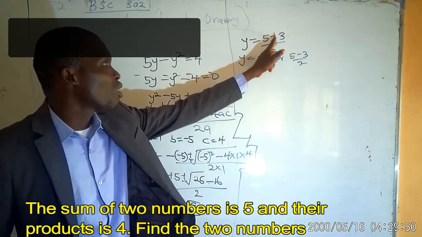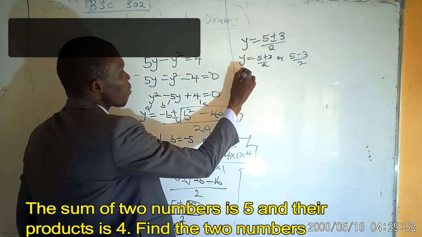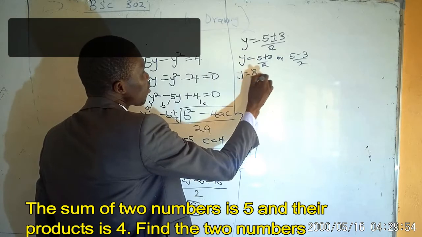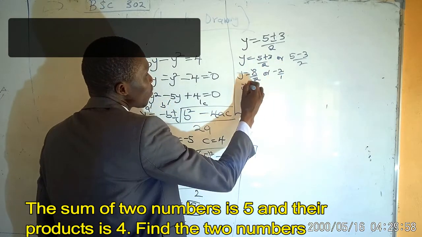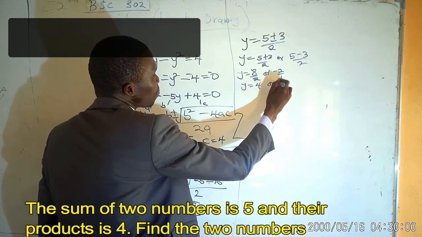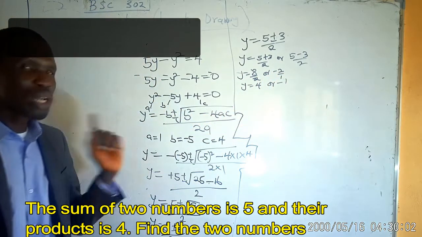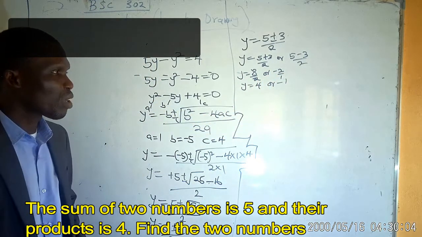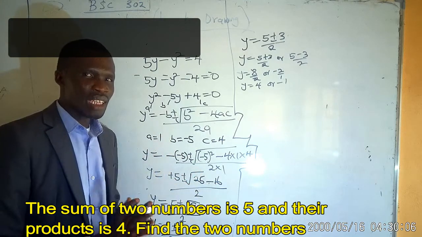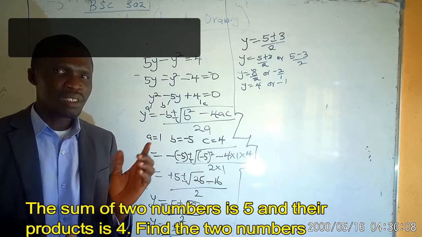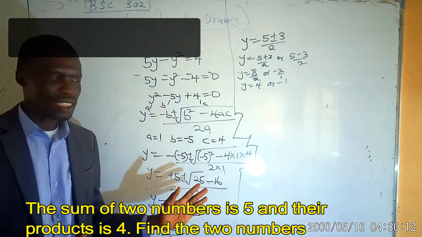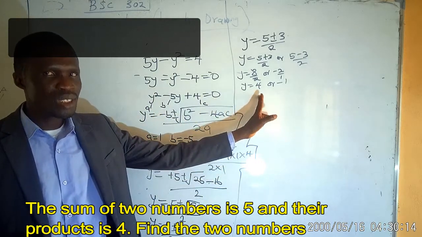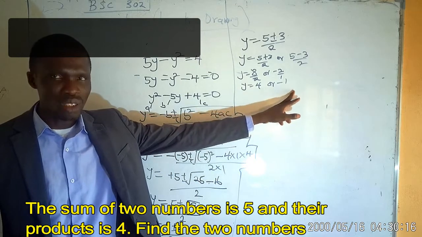We have plus or minus here. So y will give us 8 all over 2 or 2 all over 2. Y will give us 4 or 1. Remember, we are looking for the value of x and the value of y. The value of x we don't know yet, but the value of y is 4 or 1.